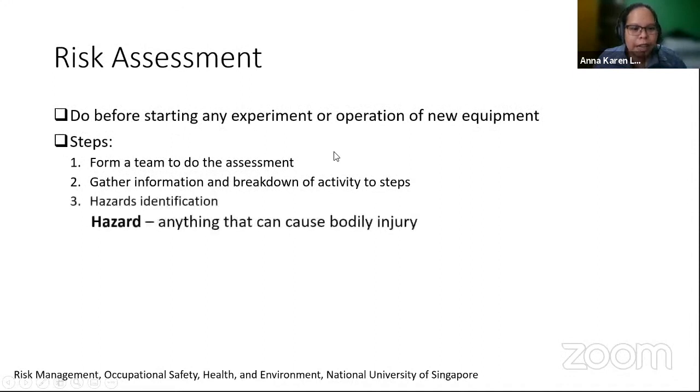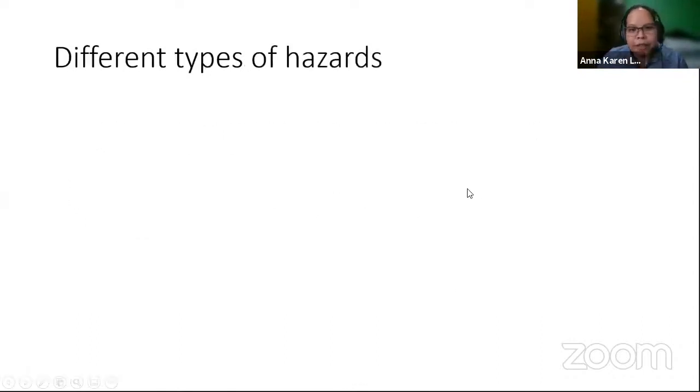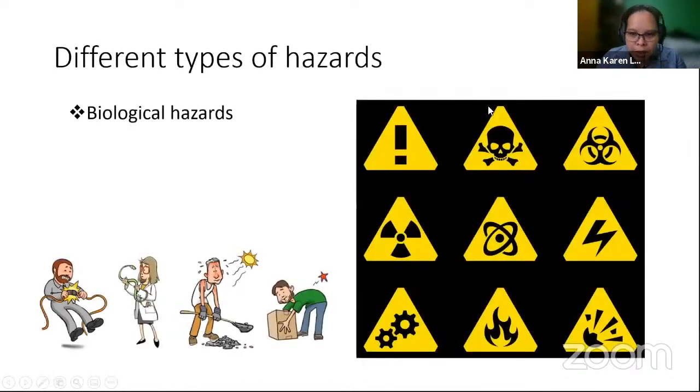Going back to this, the third step will be to identify the hazards. Anything that can cause bodily injury is identified as a hazard. You have different types of hazards. You can have biological hazards, involving biological safety, such as possible exposure to infectious agents or zoonotic infections. Physical hazards are anything related to mechanical injuries.